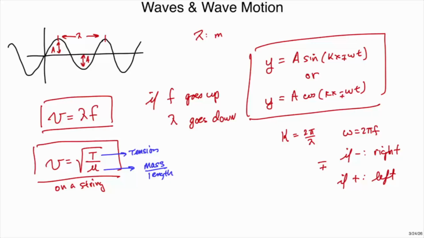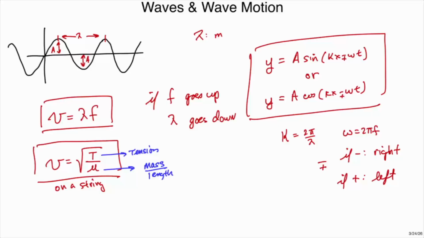I will not be held responsible for the nature of sine and cosine functions when it comes to kx minus and plus omega t. It just is the way it is. I would love for a positive sign to mean it's moving to the right, but that's not how it works, okay? If you see a wave function and it's got a minus sign between the two terms, which way do you know it's moving?